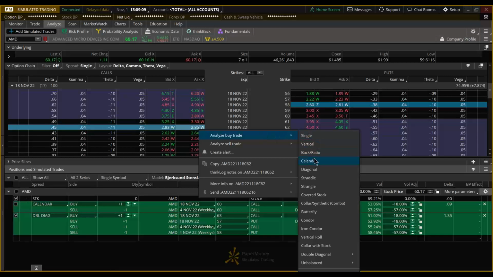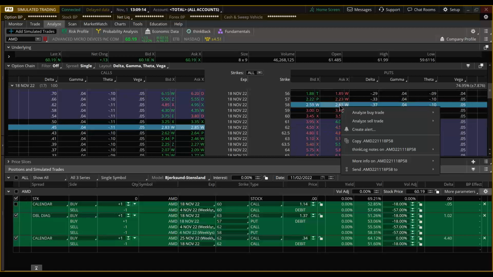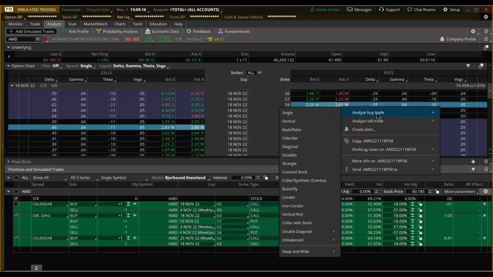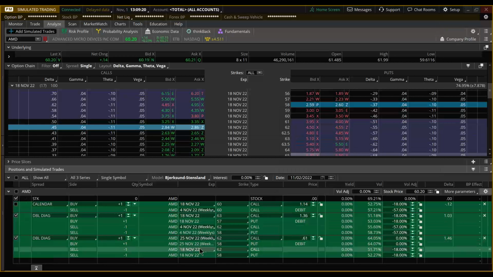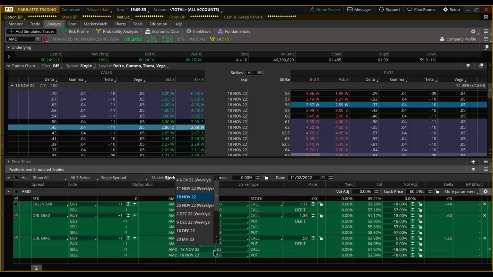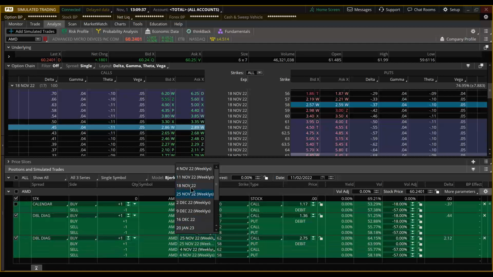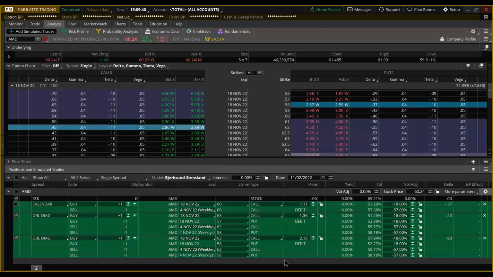Buy that calendar, and control buy this calendar, but I have to change the fronts and the backs. I'm in the wrong expiration here. I need to get to the same expirations. So my shorts are going to be November 4th, and my longs are going to be November 18th. There we go.